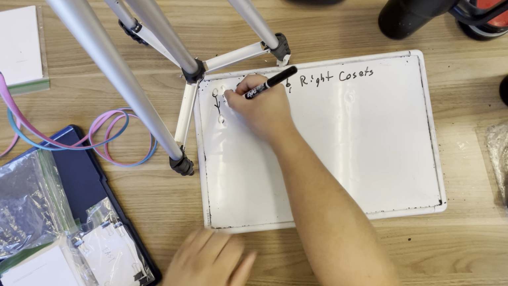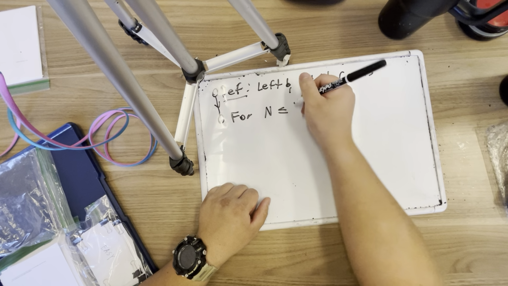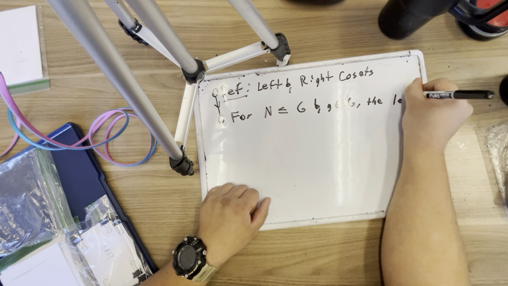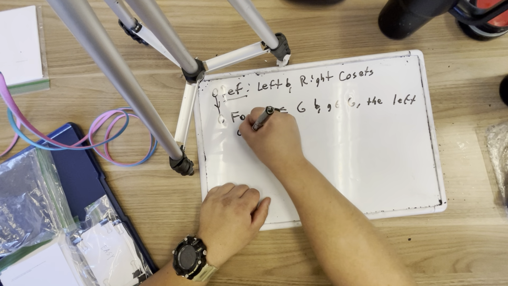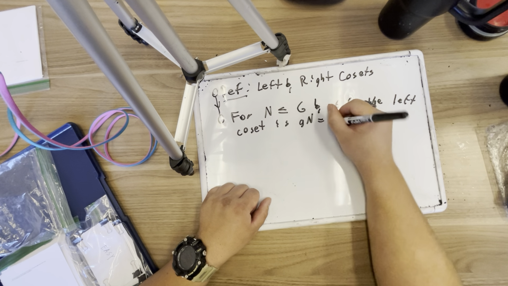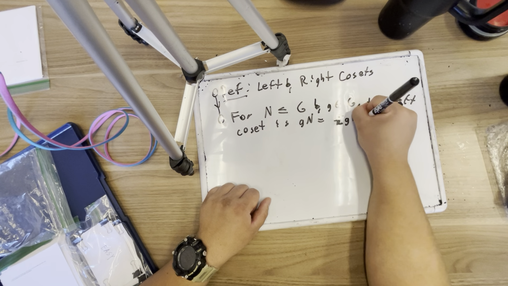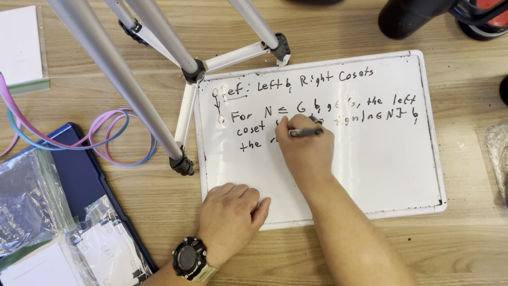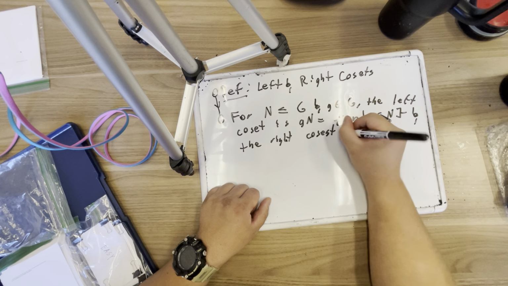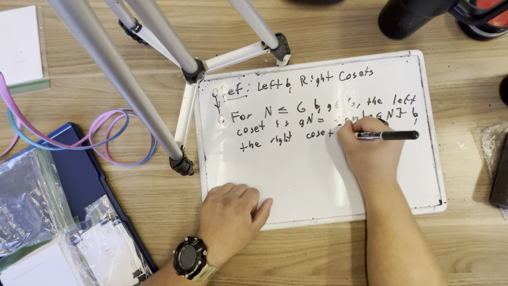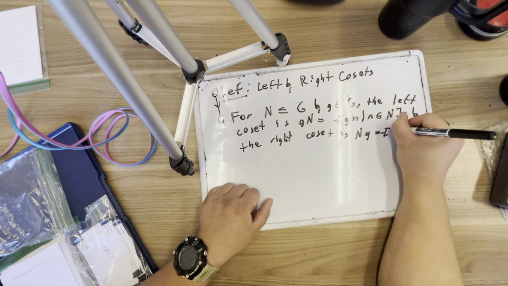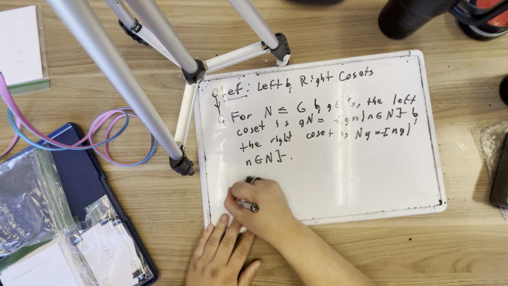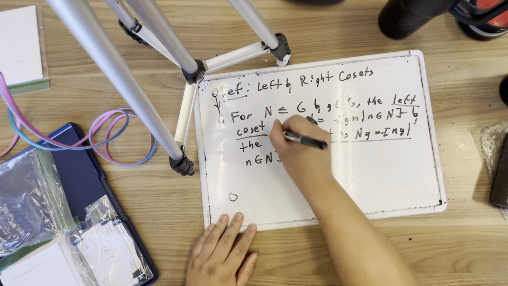So for N as a subset of G and little g as an element of group G, the left coset is gN, which is equal to the set containing gn such that n is an element of N, and the right coset is Ng, which is equal to the set containing ng such that n is an element of N.